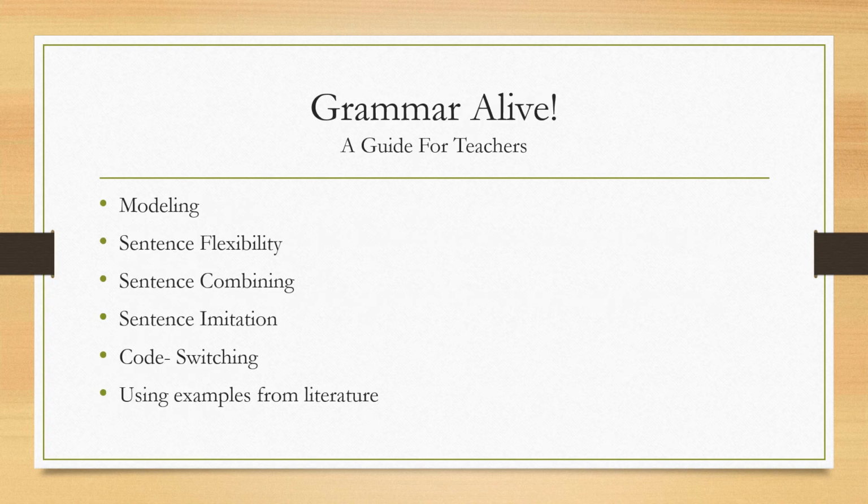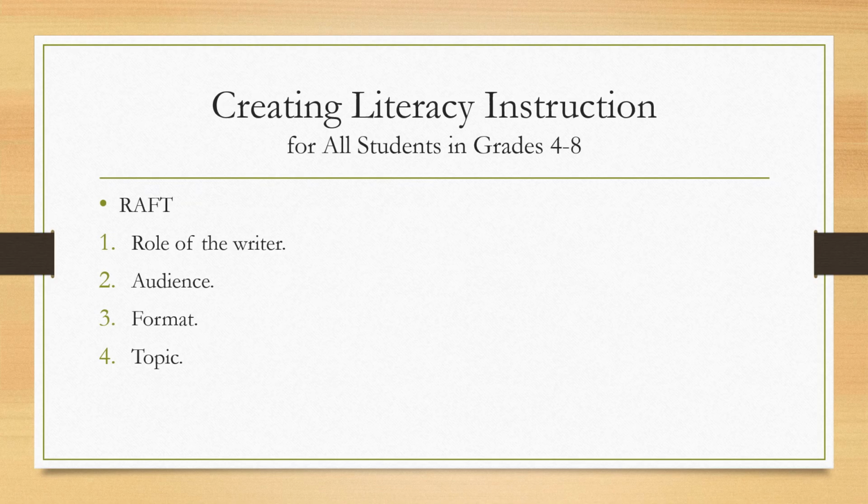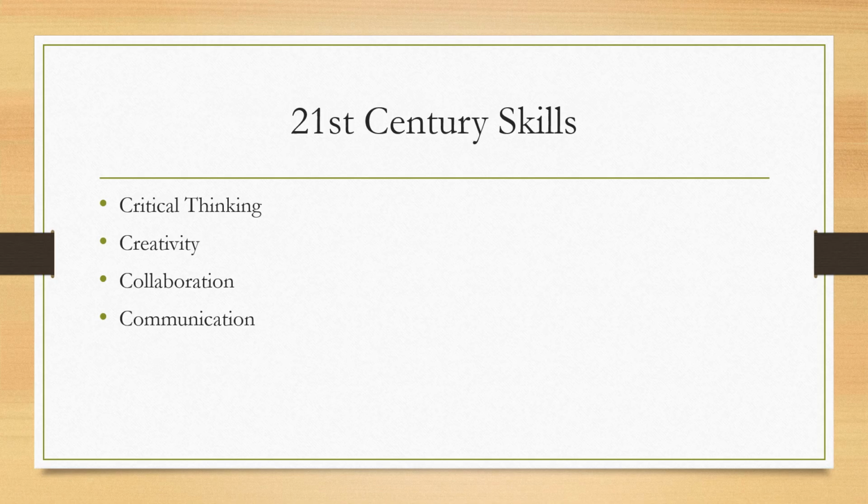Using examples from literature is another good way to use rhetoric in the classroom. You could possibly choose a favorite book of the class and break down sentences and selections, and find different rhetorical devices using a rhetorical analysis project. Here is a lesson plan for fifth grade.